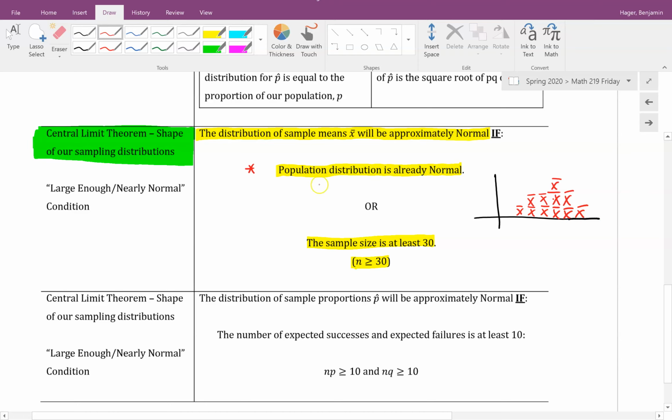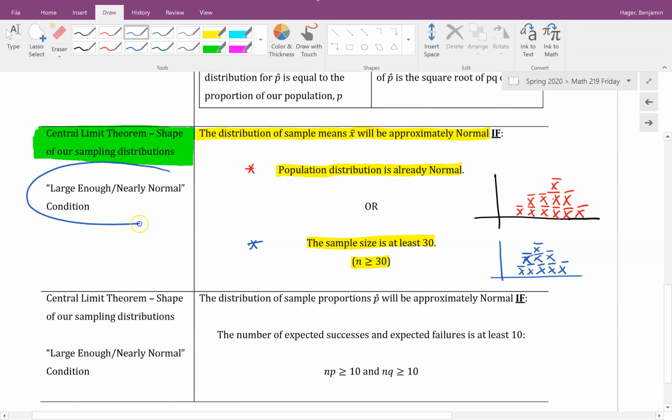Now, we may not know the distribution of the original population, or we may know it, but it's not normal. So another way that we can determine if our sample means will be normally distributed is as long as we make sure that our sample size is at least 30. As long as we take a sample of at least 30 every time, I'm going to get my sample means to fall into a uniform normal distribution.